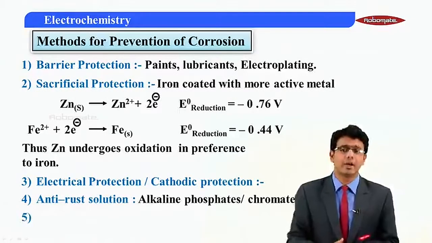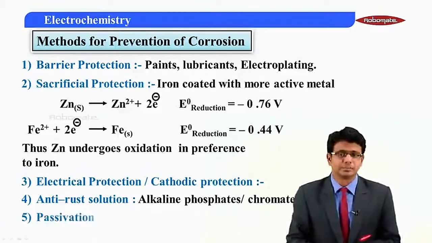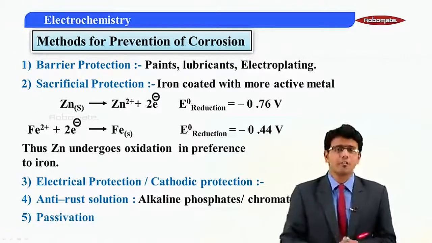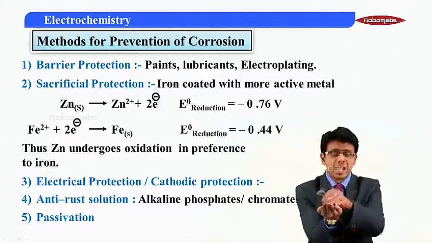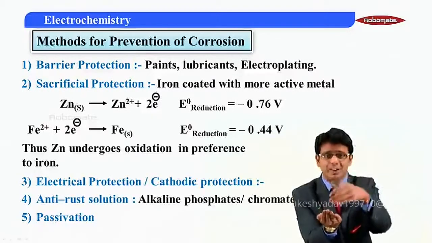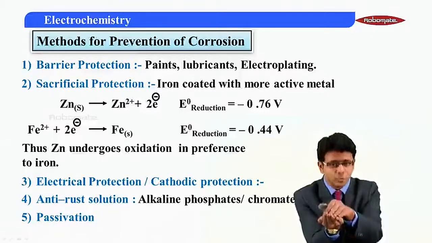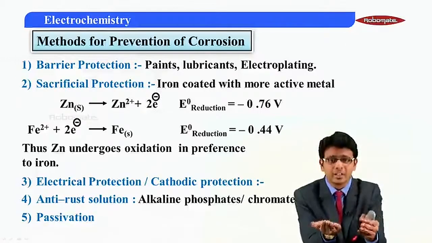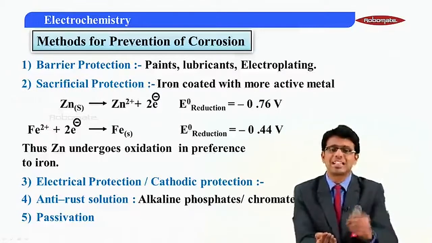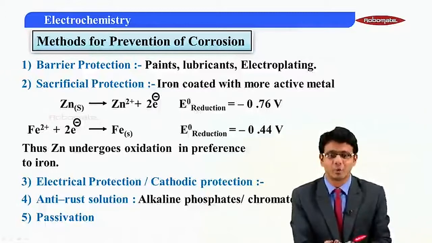And finally you have the passivation. Now students, what do we actually do in passivation? We have a metal surface, and even before the atmospheric gas oxidizes the metal surface, we oxidize the metal surface. How do we do it? By using very strong oxidizing acids like HNO3 or H2SO4.